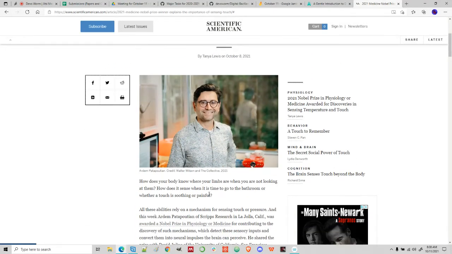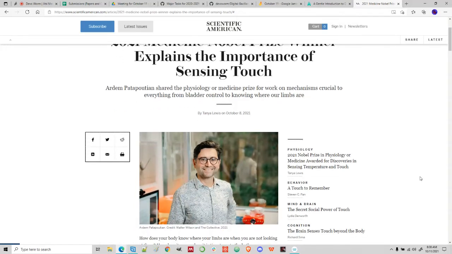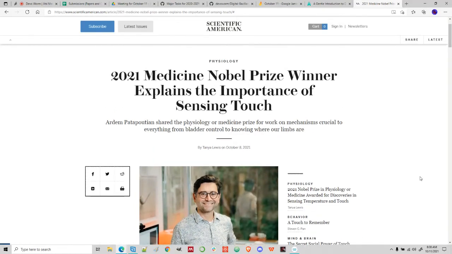And so this prize was about cells that sense touch or pressure from the environment. Pressure, heat, that sort of thing. One of the discoveries surrounding this prize was the discovery of what they call capsaicin. If you've ever eaten hot peppers, there's this chemical compound called capsaicin.